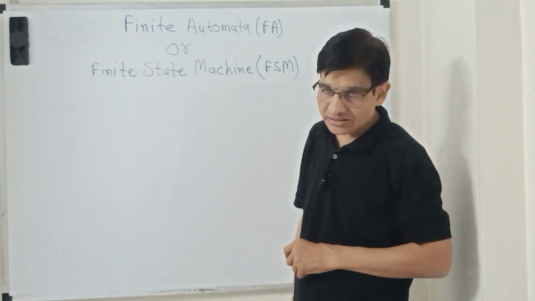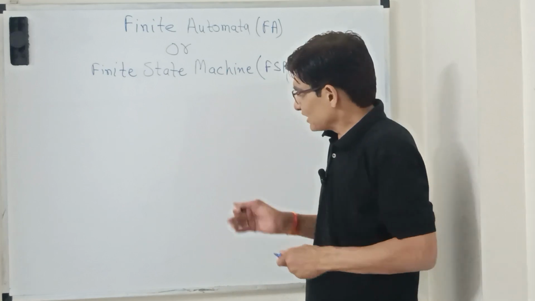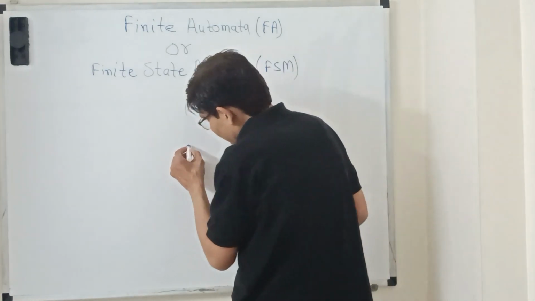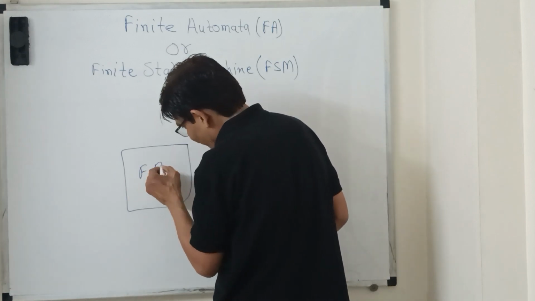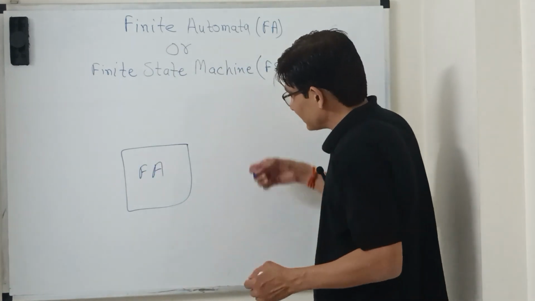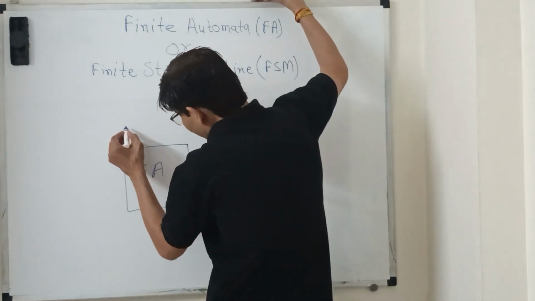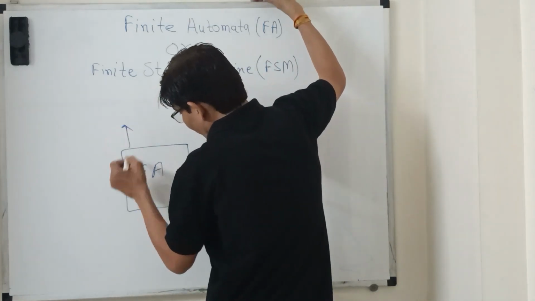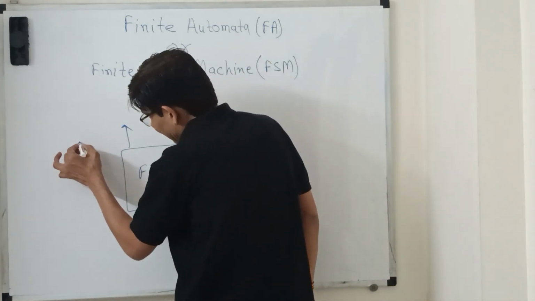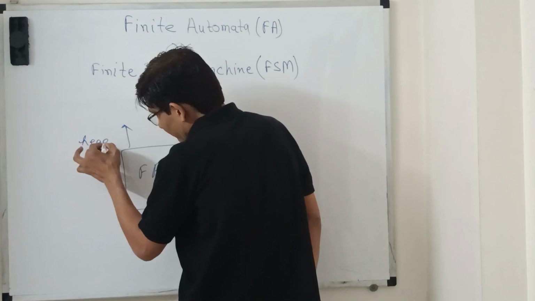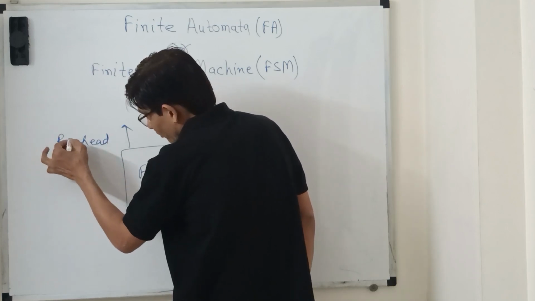that particular language. So for this, you can consider this as a box, that is, you can call it finite automata. And what it does, it has one pointer. You can call this pointer the read head, right?